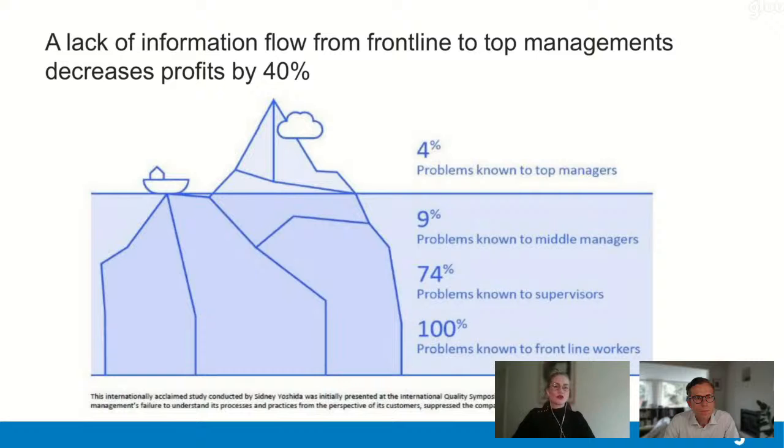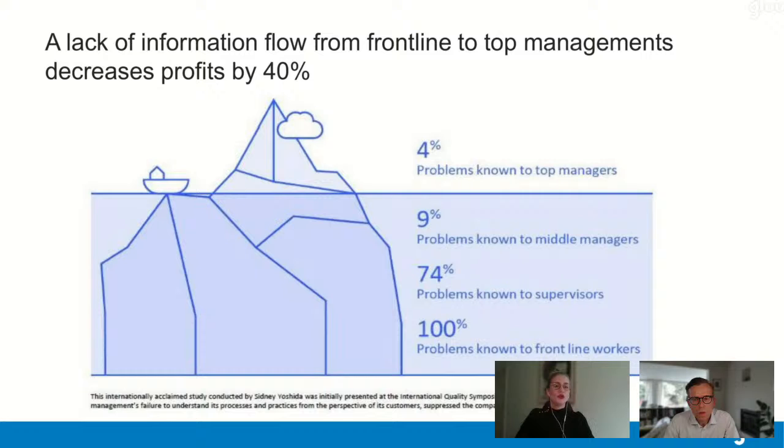The reason why it's so important to focus on your employees also when it comes to process improvements is because you might have seen this lovely iceberg before, but top management has a very small amount of the total knowledge about problems in an organization.